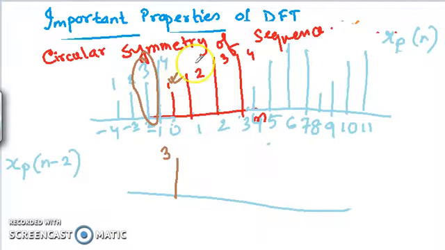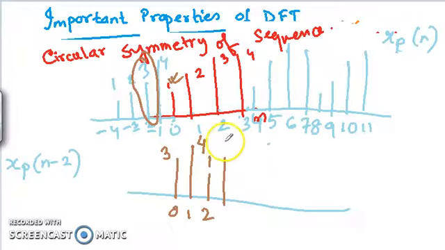The 4 is coming at 1, and these other two are shifted by 2, so 1 is coming at 2, and 2 is coming at 3.